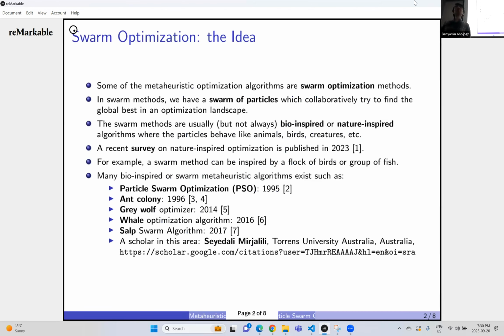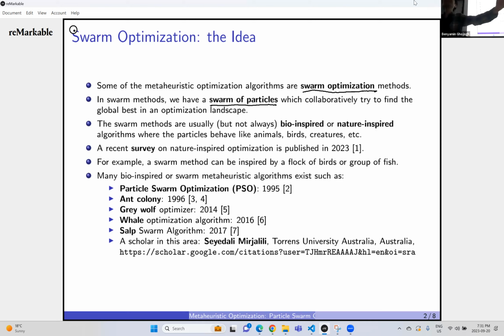First, the idea of swarm optimization. By the way, swarm optimization is a field itself. I think Elsevier has a swarm intelligence journal. Some metaheuristic optimization algorithms are swarm optimization methods, also called swarm intelligence. In swarm methods, we have a swarm of particles. What do I mean by a swarm of particles?